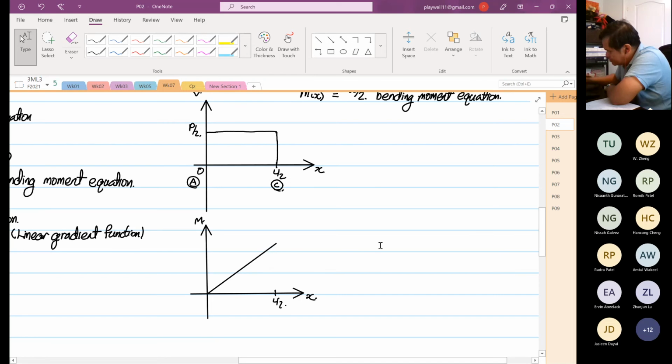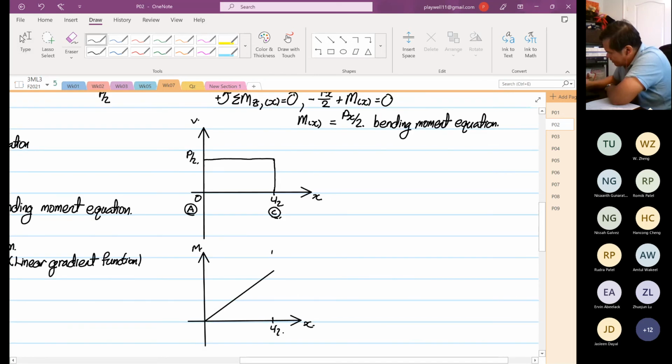At this point it is also equal to PL over 4. So this is our point C, and this is our point A.